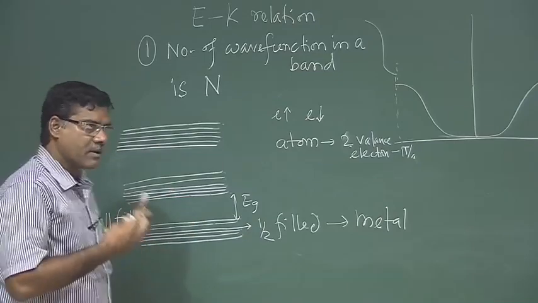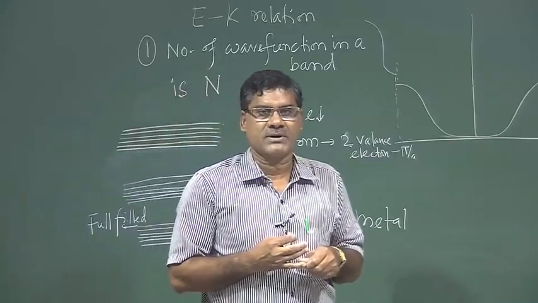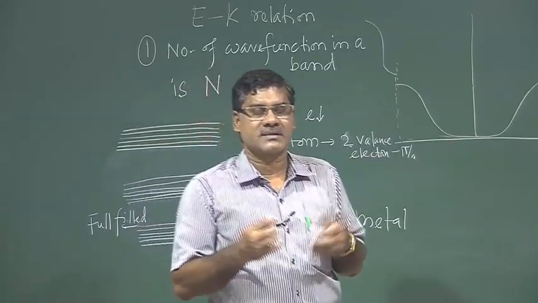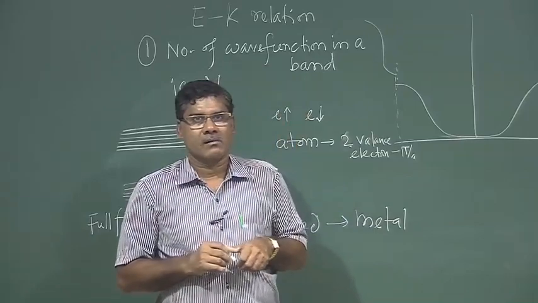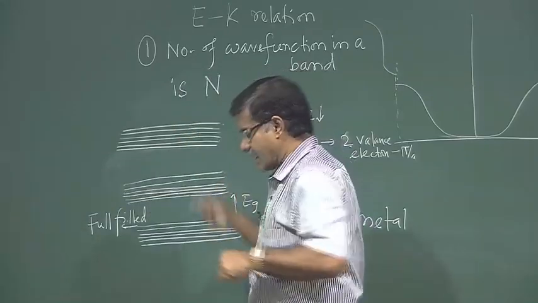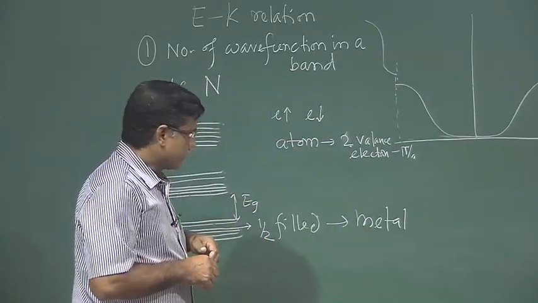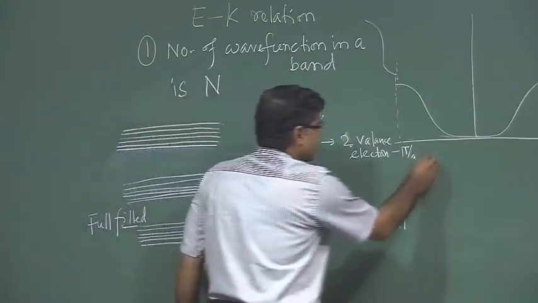Okay. So, a semiconductor at absolute temperature T equal to 0 is basically an insulator.